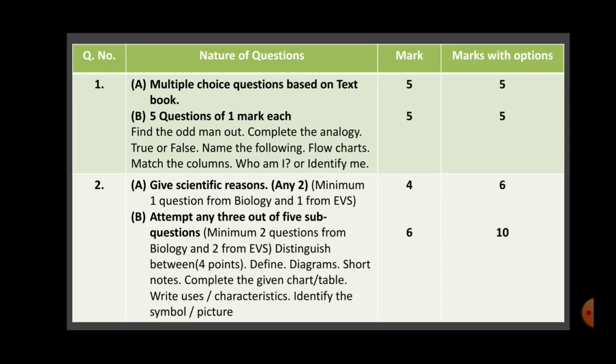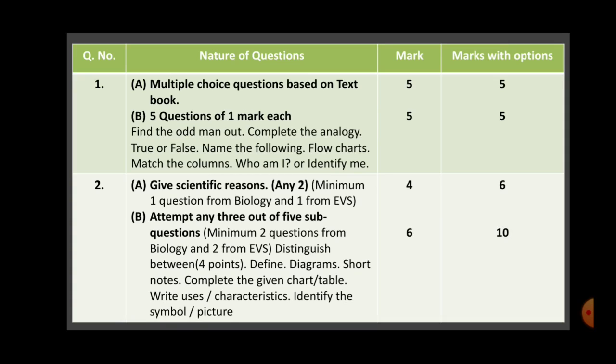Now we will discuss the varieties of questions which can be asked in the different 4 main questions. Now first A is multiple choice questions based on the textbook, and even the experiments which are there in the journal can also be asked.